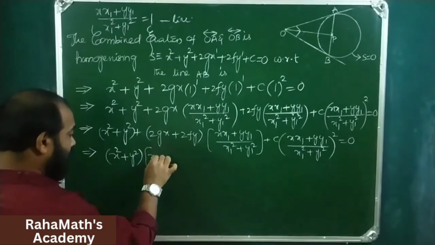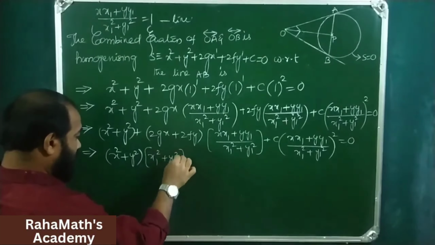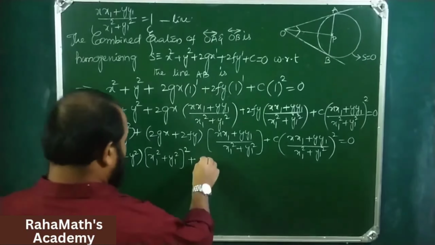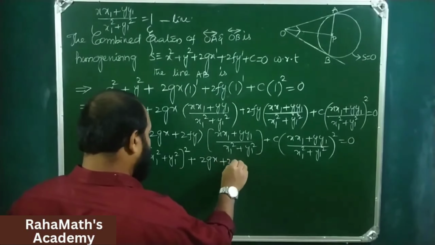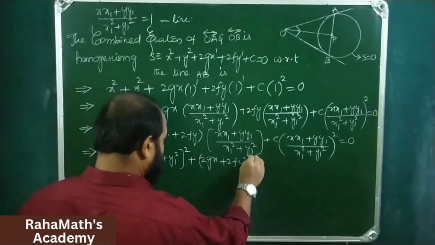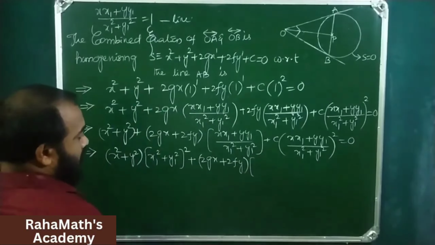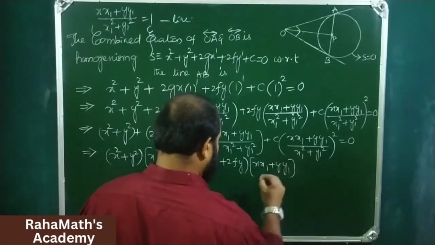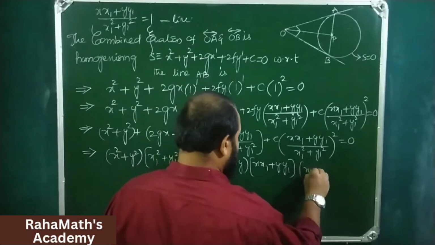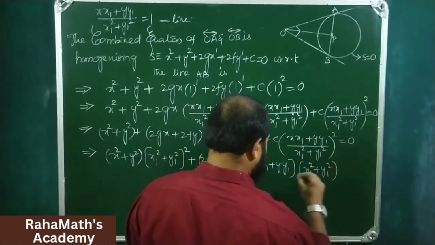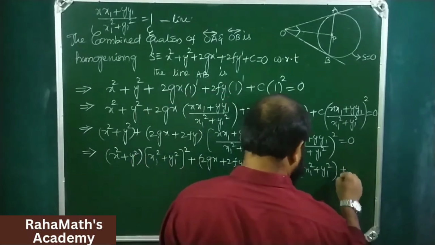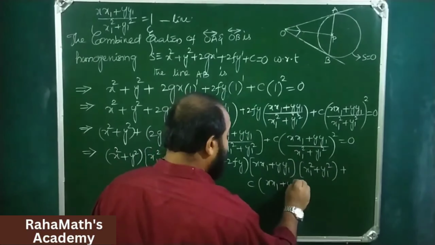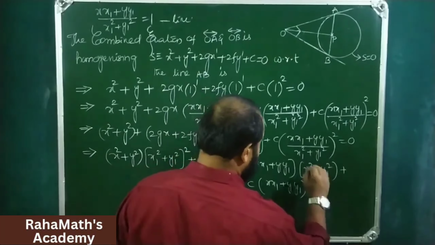x1 square plus y1 square whole square, plus 2gx plus 2fy into xx1 plus yy1 into x1 square plus y1 square, plus c into xx1 plus yy1 whole square equals 0.